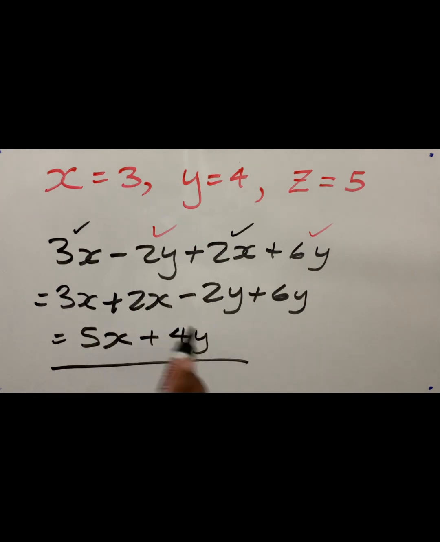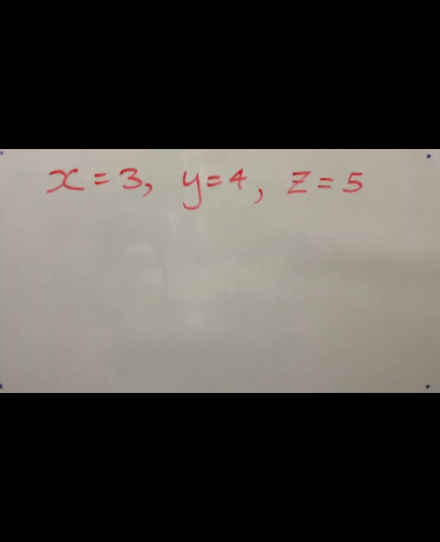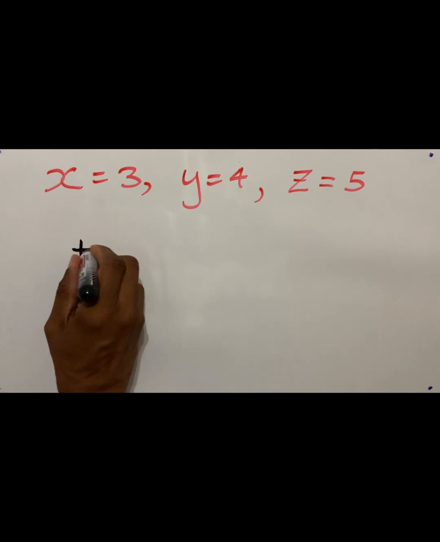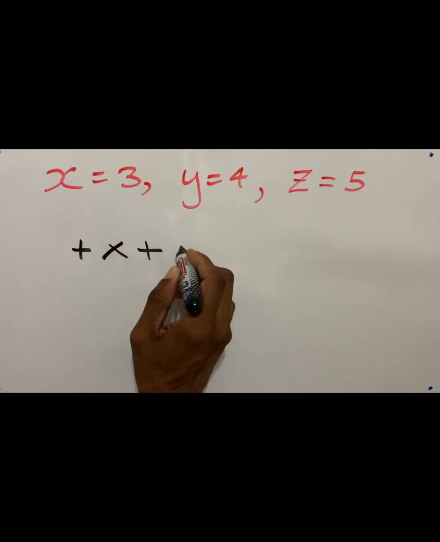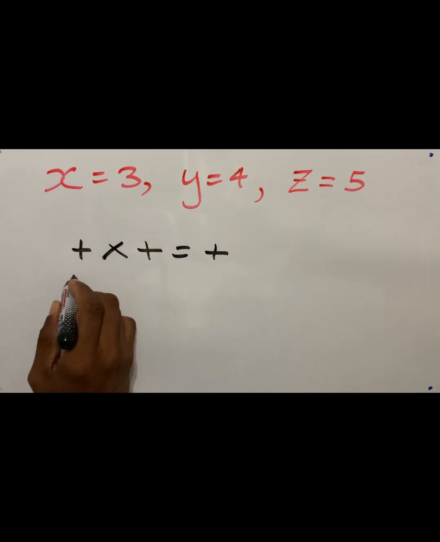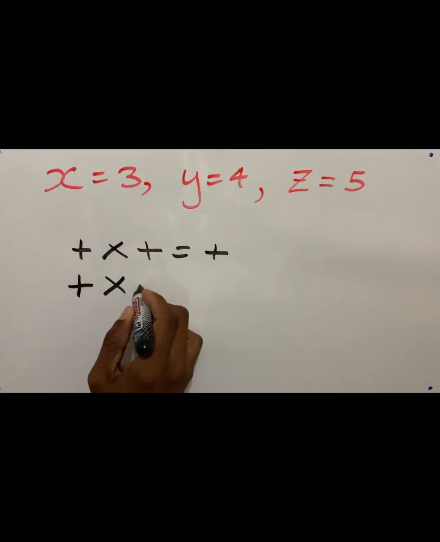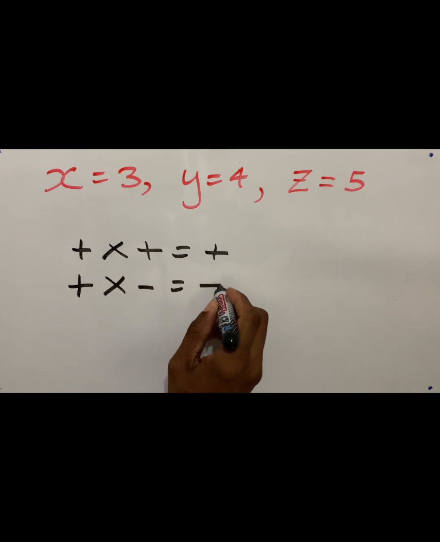We would have done this already in our previous class, so you can go back and look at our number line tutorial. If we have a positive number or letter times a positive, this is equal to a positive. A positive times a negative is equal to a negative.